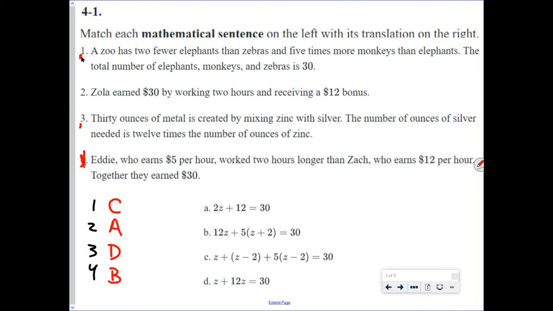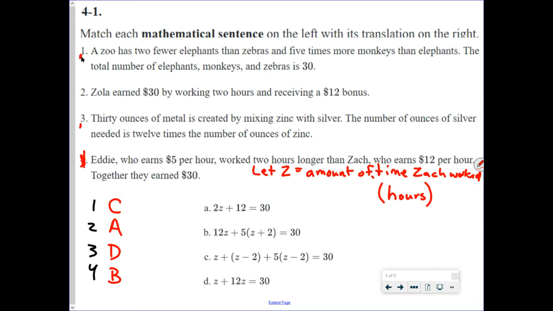Let's talk about this one. So in this case, it's let z equal the amount of time Zach worked. And then in parentheses, how are we measuring that? We're measuring that in hours.